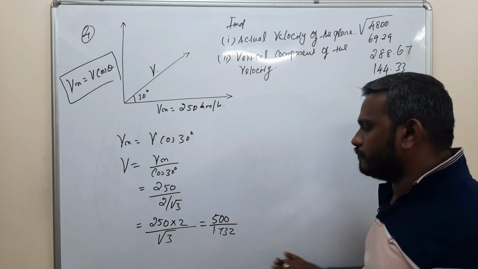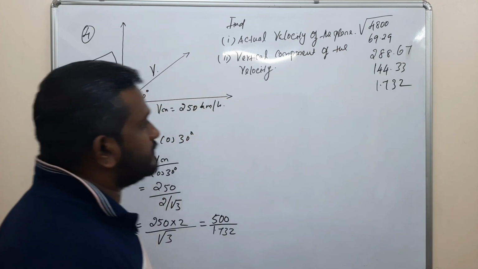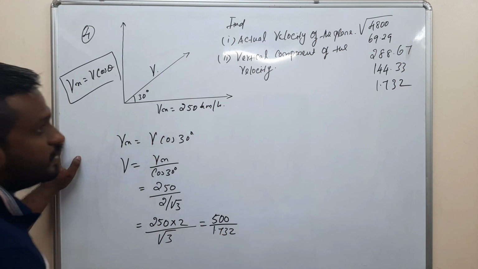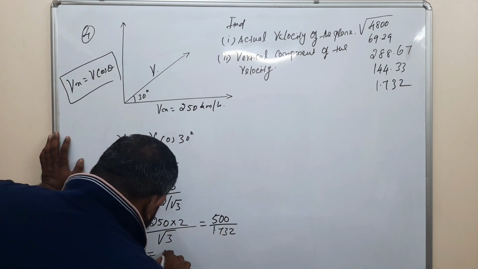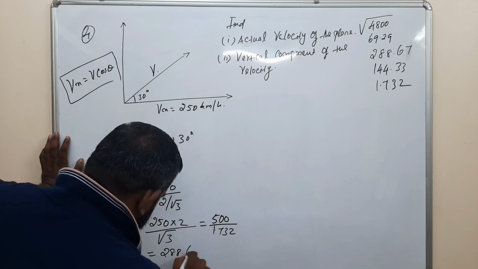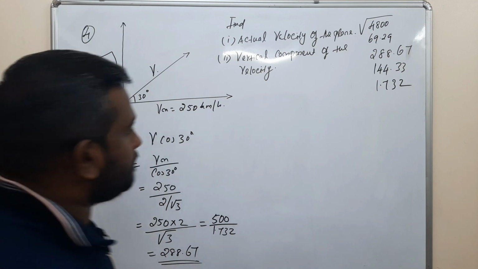By simplifying this, you can get the answer, that is 500 divided by 1.732, which is equal to 288.67.